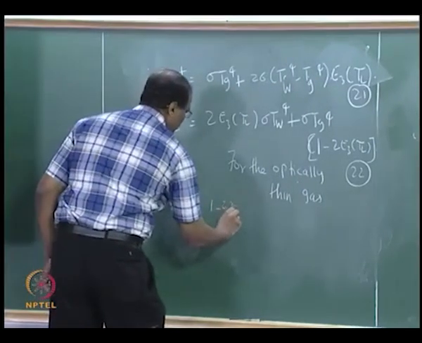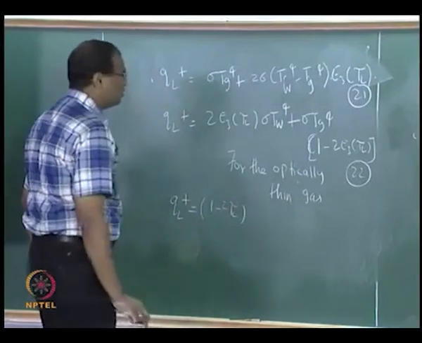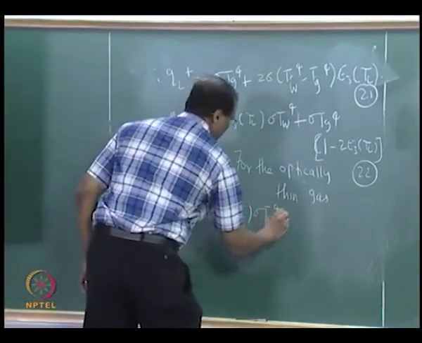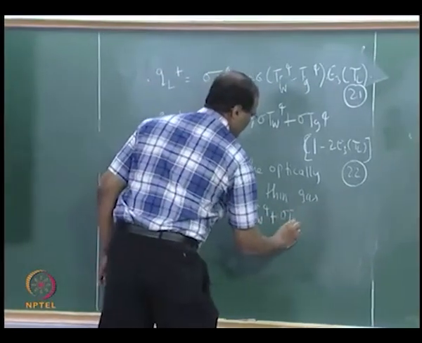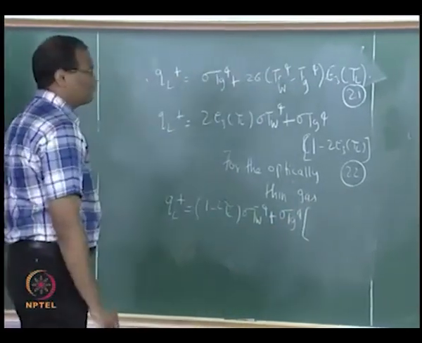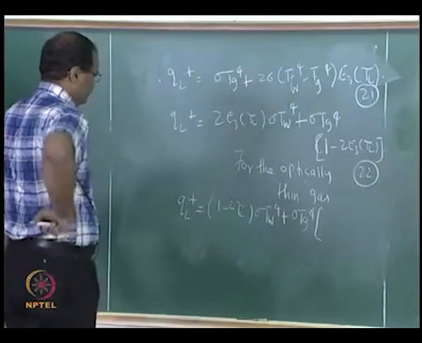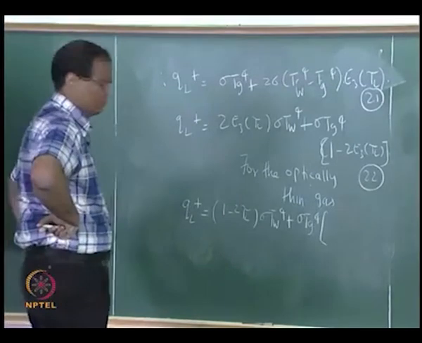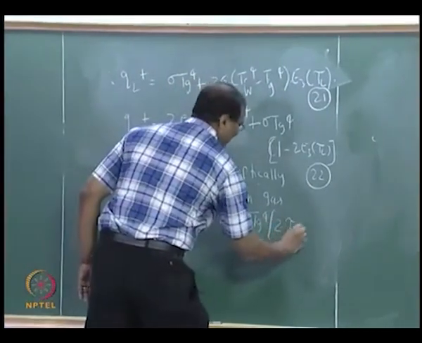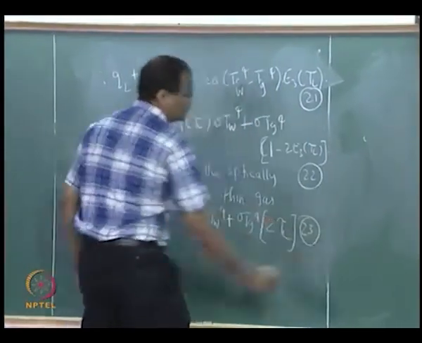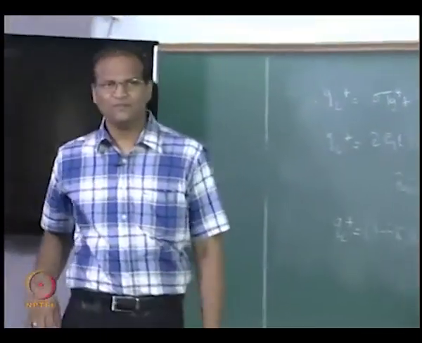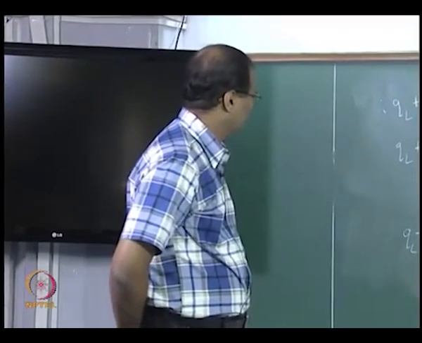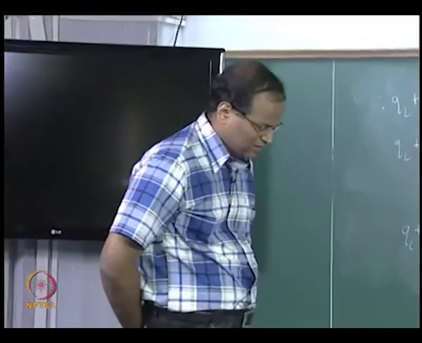One minus 2 tau L by 2, plus 2 tau L. The 2 is not leaving us, no? Okay, what is the big deal now?